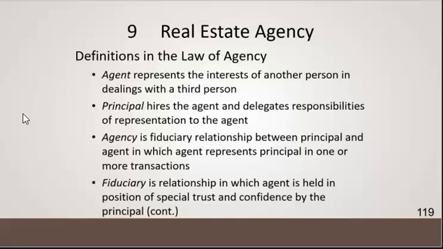They are connected to or create a relationship with this person called a client. The relationship between these two is agency, and that's what we are going to discuss today.